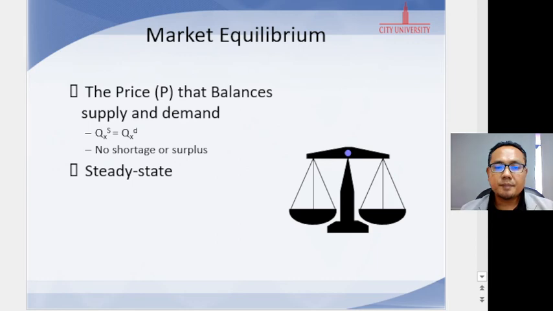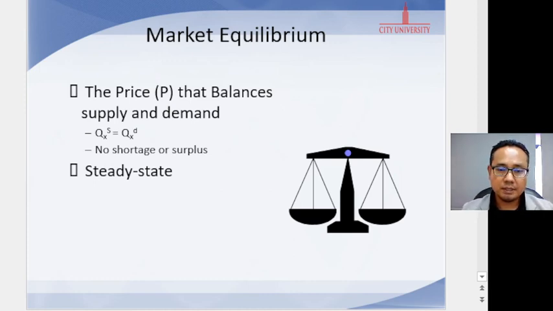The equilibrium price in a competitive market is determined by the interaction of all buyers and sellers in the market. The concept of market supply and market demand makes this notion of interaction more precise. So the price of a good in a competitive market is determined by the interaction of market supply and market demand for the good.